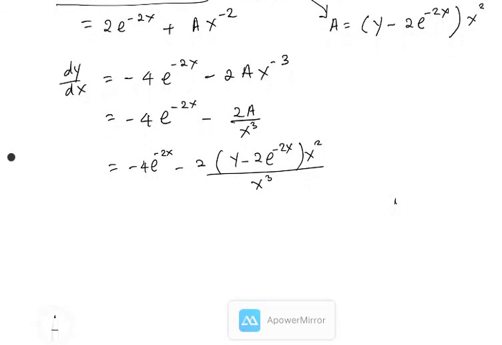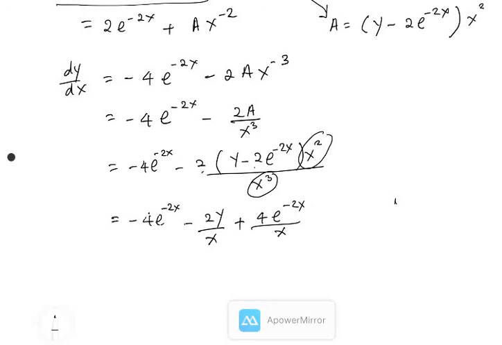Okay, we substitute the value of a, and then we simplify it. Minus 2y over x, because you have the x power of 2, you cancel out x power of 2, you still have only one x left, and then plus negative is positive, so plus with 2 times 2 is 4, so 4 exponent negative 2x divided by x.